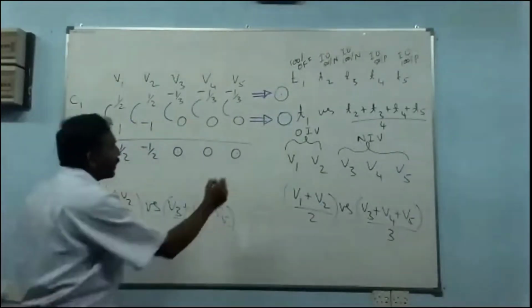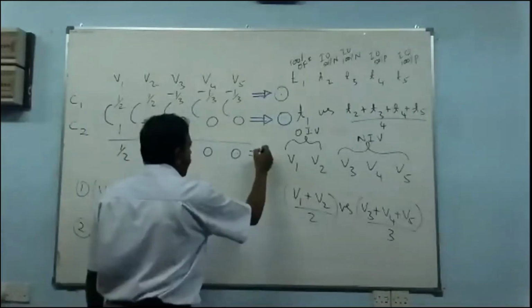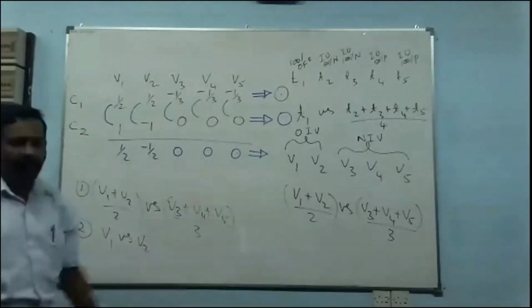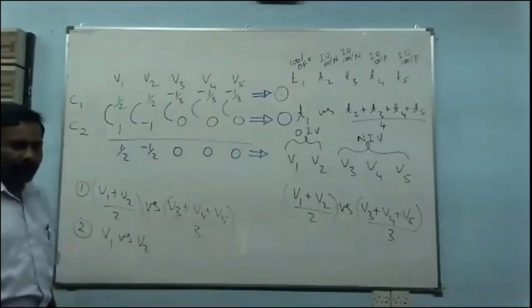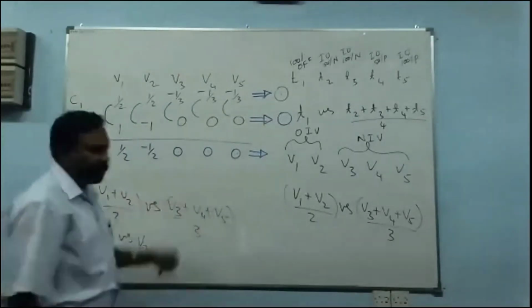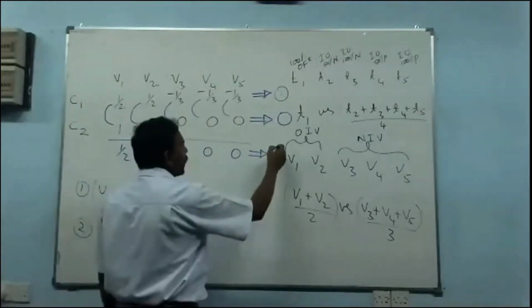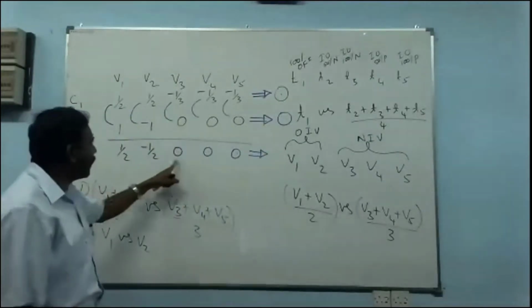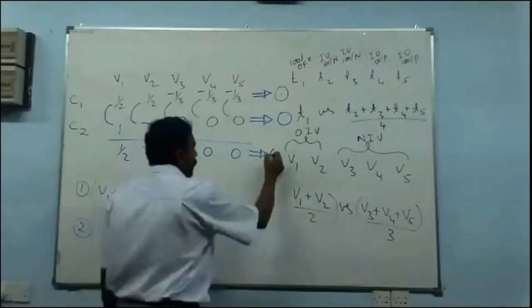Now add all these coefficient values. What is the value? We are talking about only the coefficients. The addition is 0: half, minus half, 0, 0.